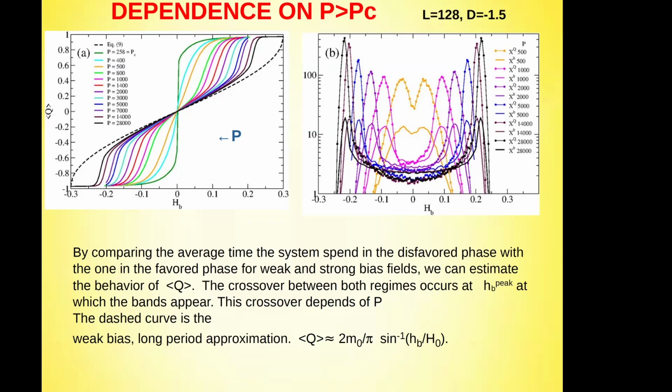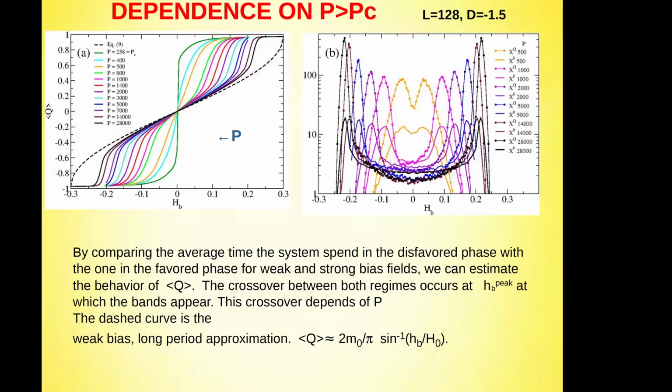We can check this with nucleation theory. There is a long-period approximation that says that for very long periods, the average behavior of the order parameter basically depends on the ratio between the magnitude of the bias and the magnitude of the field. We plot this quantity here, the dashed line, and it fits our result very well.